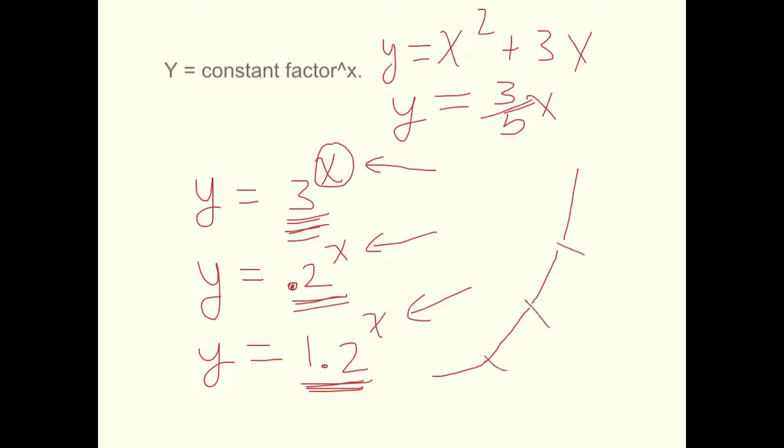Therefore, the slope between any two x values will be different. Could be that it's getting higher, could be that it's always getting lower. We will explore that more in the future. The point on that is that there is no constant slope. X for us will be integer values.